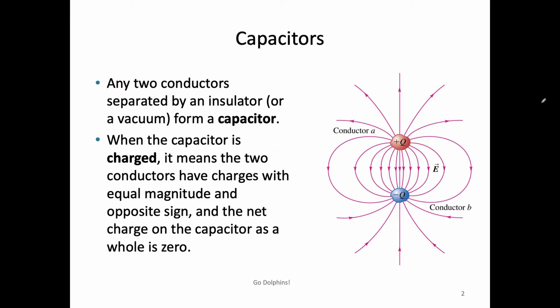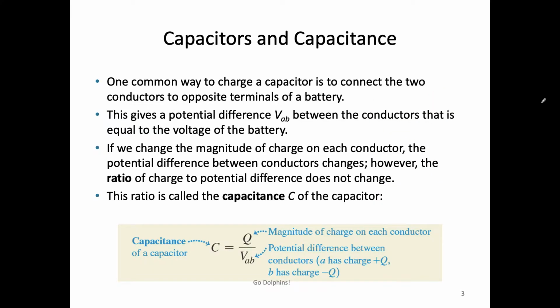If you apply a potential to these two conductors, they will carry equal amounts of charge with opposite signs. And the capacitance is defined as: if you apply potential V to the capacitor, how much charge it can hold.